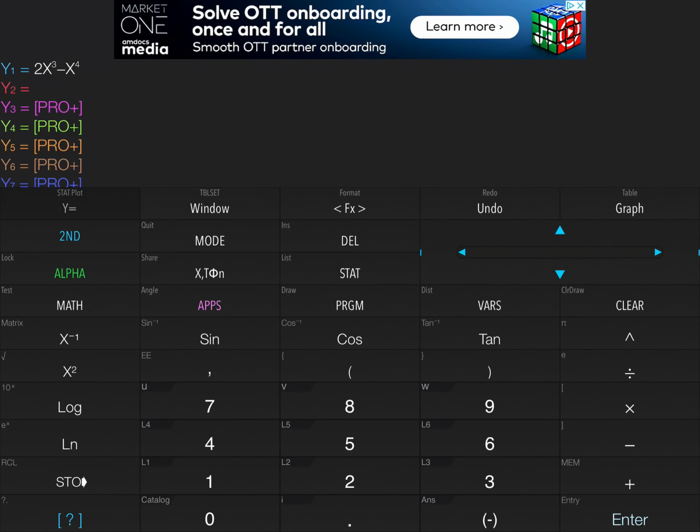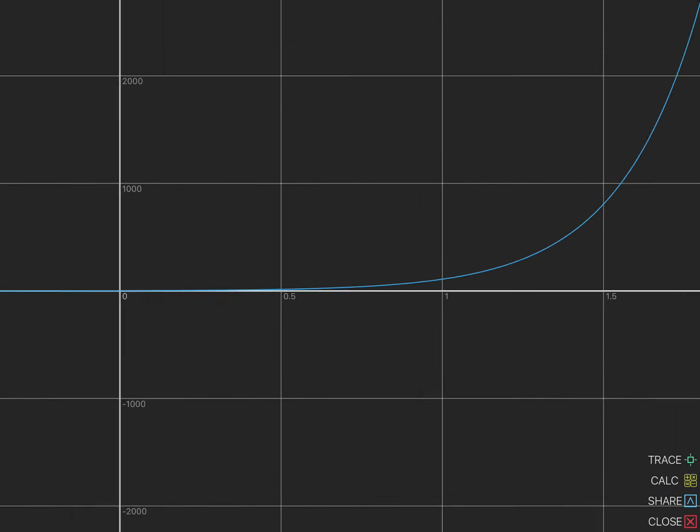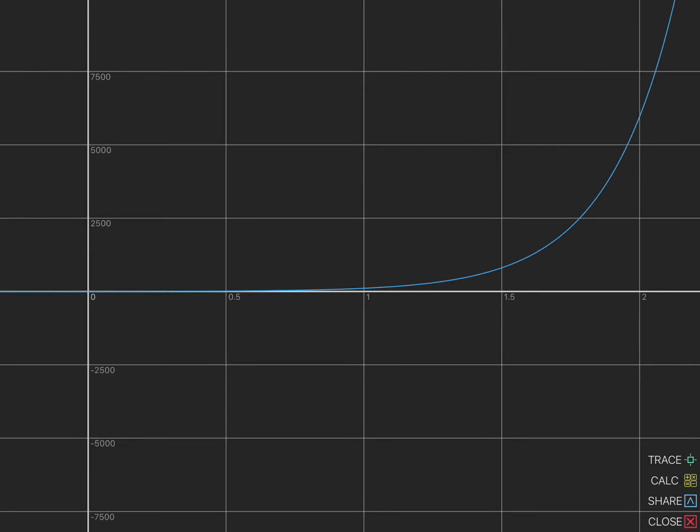Let me try to go back to a graphing calculator and show you the y values of 2 times e to the 4x power. Let me graph that. Now we already kind of graphed it together. I wanted to show you the xy table.